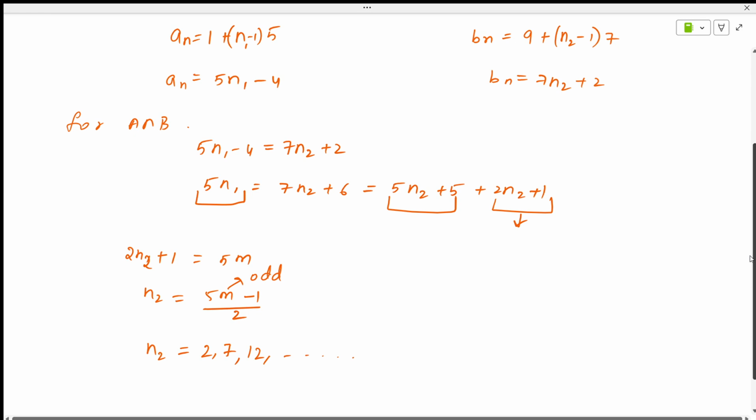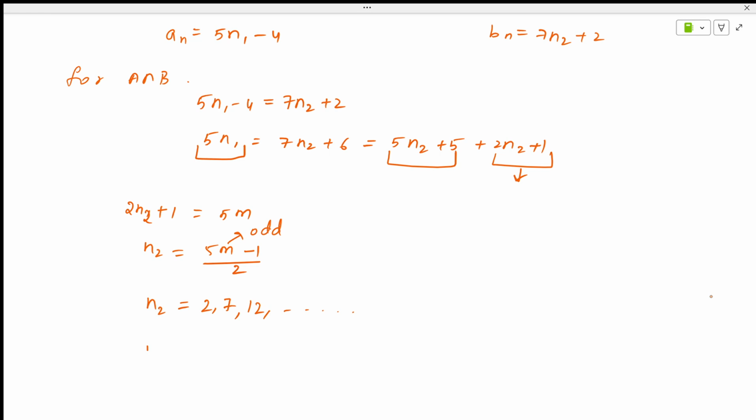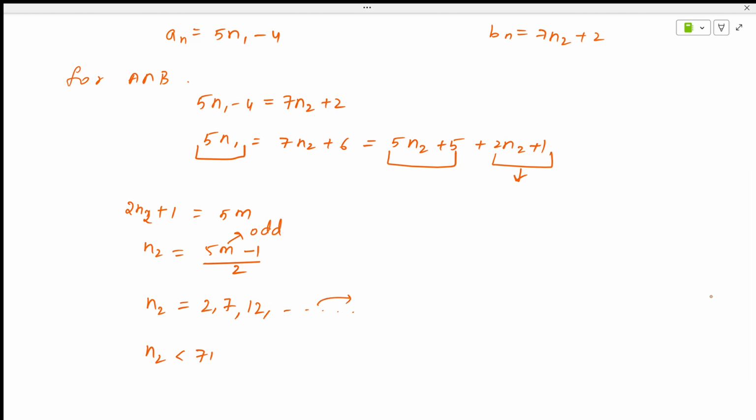And what is the one more condition? The one more condition is n2 should be less than or equal to 71. And n2 is also an AP, so let us write the last term as 2 plus a minus 1 into 5, that is equal to 5a minus 3.